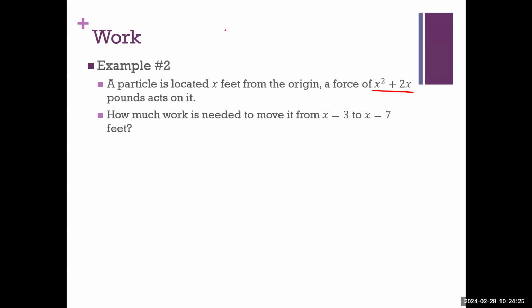So we know that work is equal to the product of force and displacement. But in this case, force varies, right? What do I know about how my force changes? Right, so it's this function.